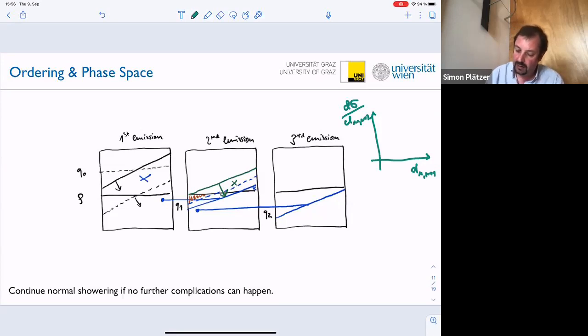And if the merging works well, this just looks like a smooth curve, and at the scale which would correspond to rho, you shall not be seeing any artifacts of the matching. And this is what we typically use. We vary that merging scale, and we watch out for artifacts of the merging scale in distributions of this kind.